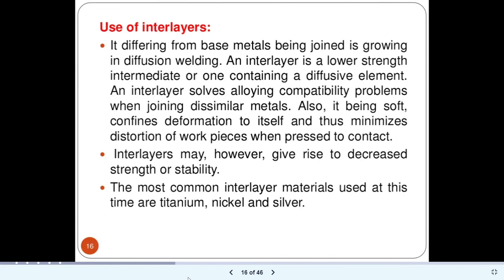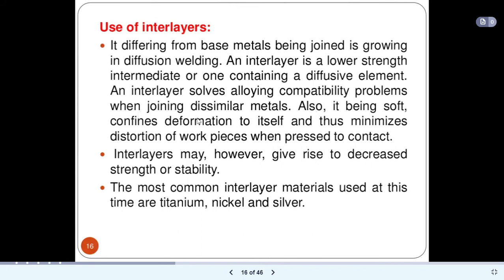Use of an interlayer: it differs from the base material being joined in diffusion welding. An interlayer is a lower strength intermediate or one containing a diffusive element. An interlayer solves the alloying compatibility problem when joining dissimilar metals.